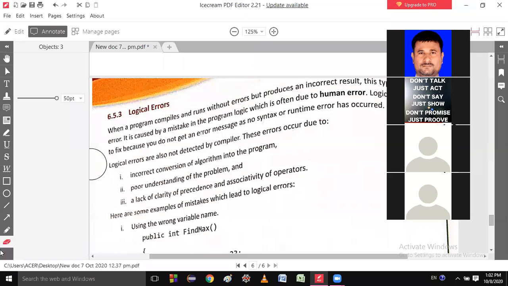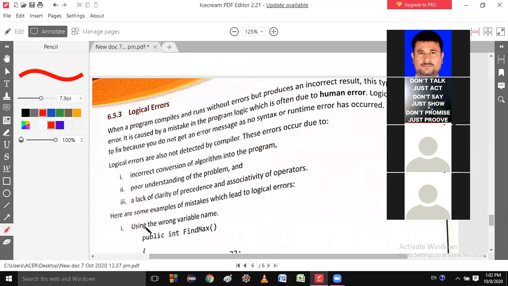I think you people are clear right now. Suppose someone says, Ritik, write a program to add two numbers, but by mistake you have written the multiplication logic. You didn't write a plus b. You have written a multiply b.